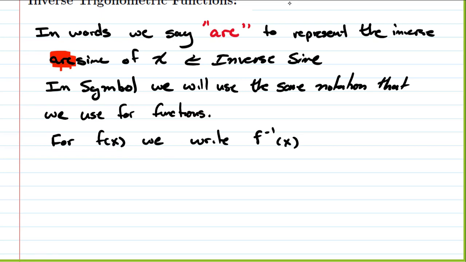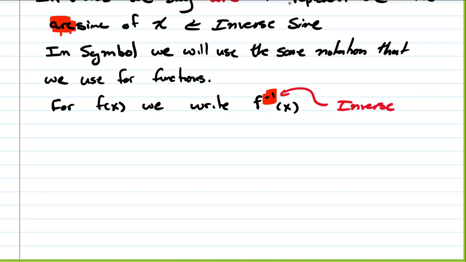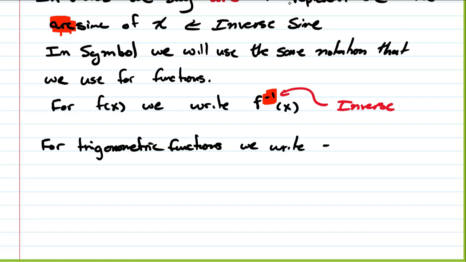Where the -1 wasn't an exponent, and that was our symbol for the inverse. So for trig functions, we write -1 where the exponent goes.